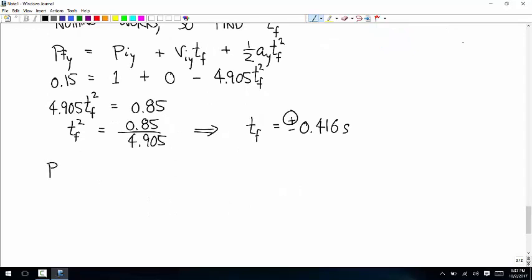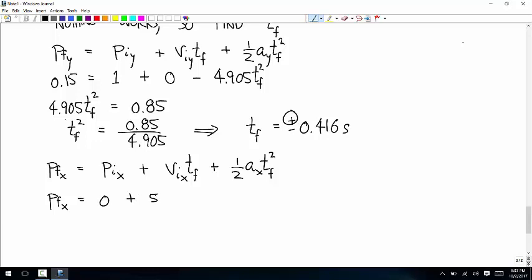So now PFX is equal to PIX plus VIX T final plus 1/2 AX T final squared. So PFX is equal to 0 plus 5 times 0.416.